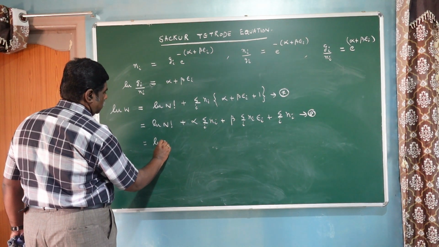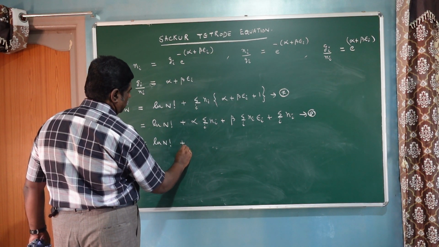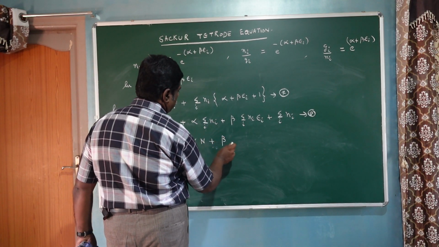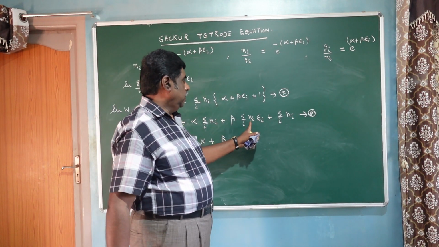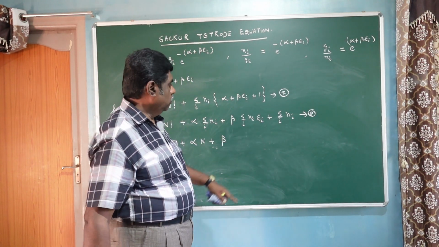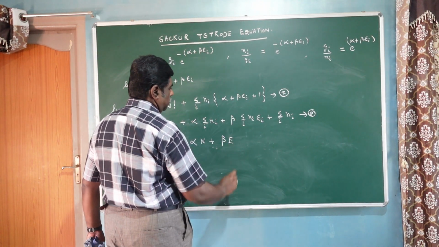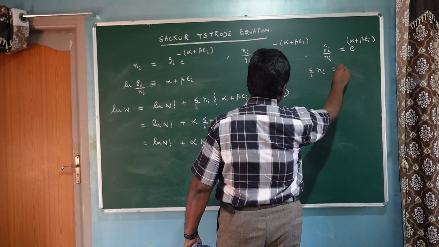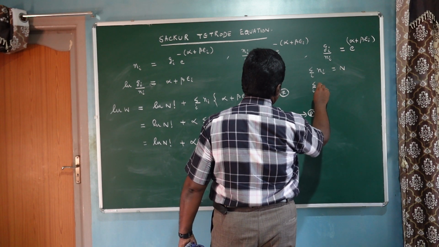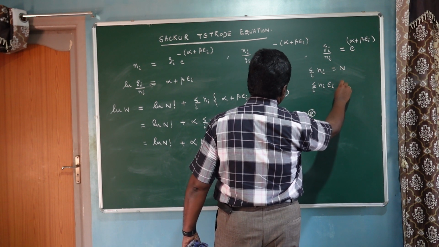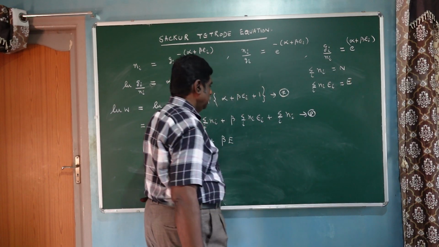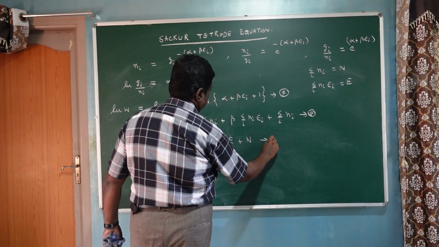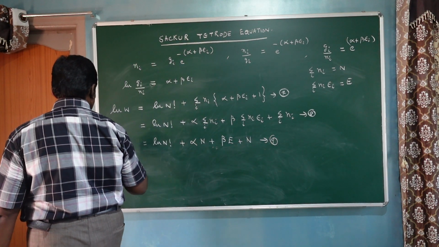This is ln N factorial plus alpha into capital N plus beta into summation of Ni Ei, which is our E, the total energy of the particles, plus N. So this is equation number 9.